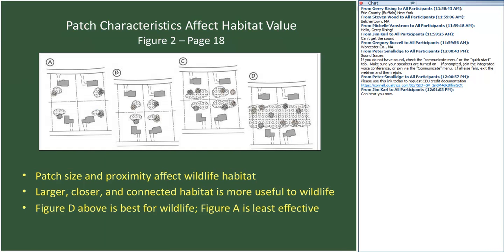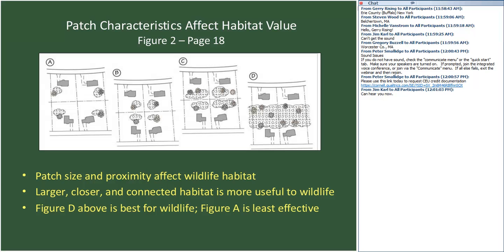So even if you just own a small piece of land, you just have a backyard habitat, you don't have a large woodlot, the concept illustrated here in this slide really can apply to various scales and various sizes of properties. But you want to think about patch characteristics and how it affects habitat value.